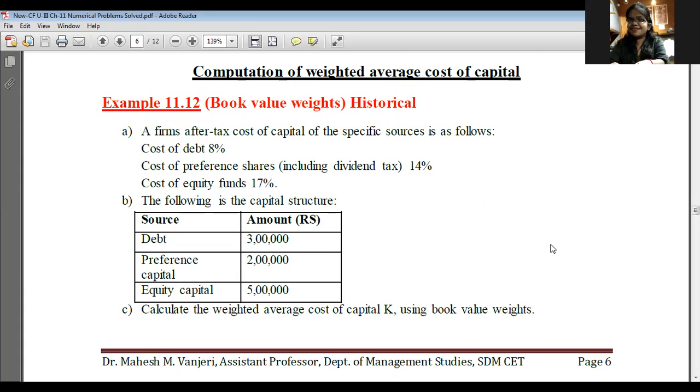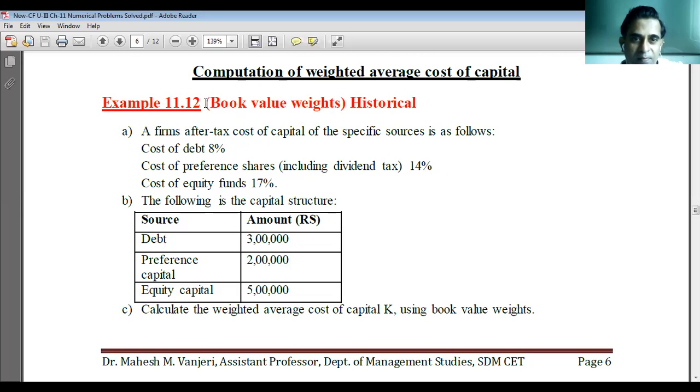Yes, sir. Okay. So now here we'll understand exactly how we are going to consider the different weights, assign weights, then multiply them with specific costs and find out the weighted cost of capital, then multiply that by total weights. That is what is illustrated here in example 11.2.